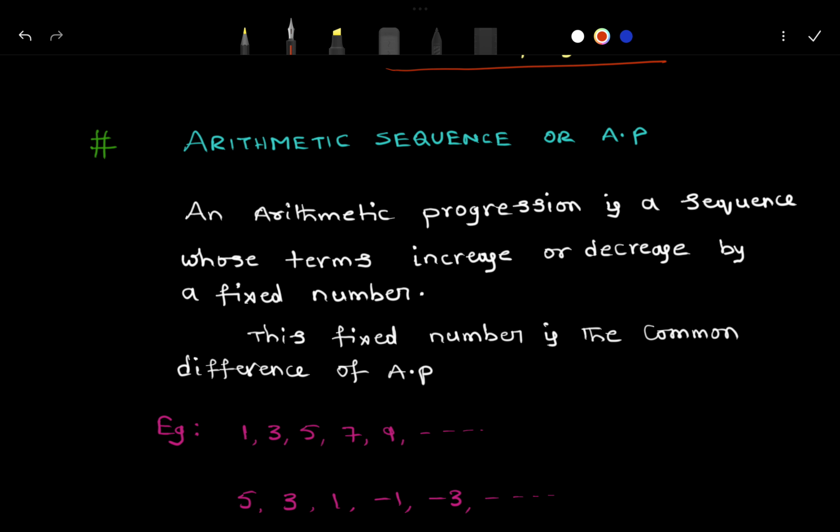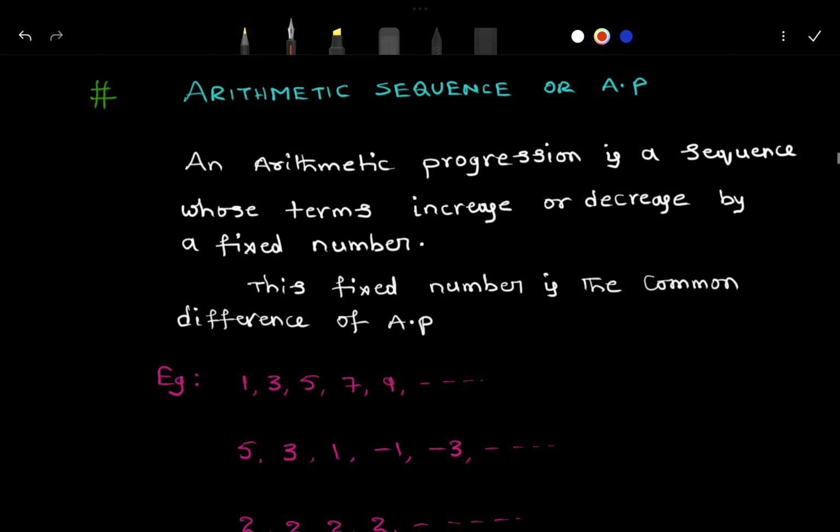See, look at this one. What is an arithmetic progression? An arithmetic progression is a sequence whose terms increase or decrease by a fixed number. This fixed number is the common difference of the AP. Now we will discuss some examples. Here 1, 3, 5, 7, 9 and so on.